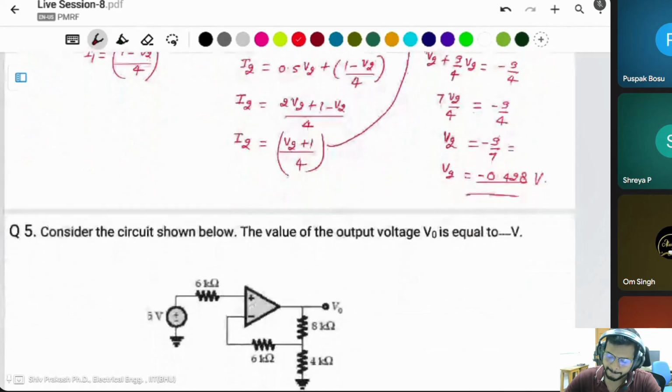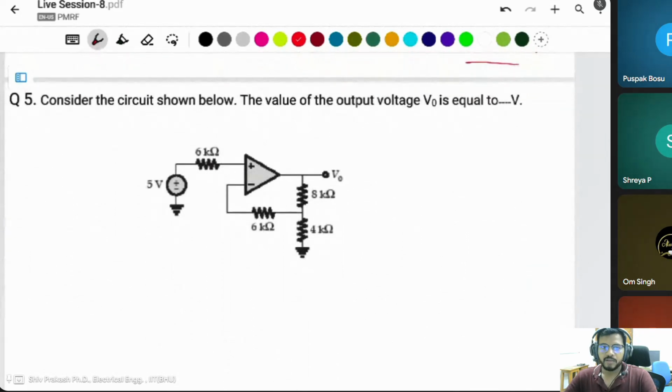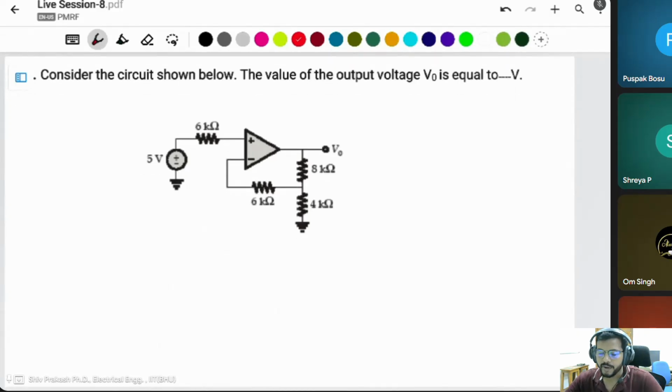Okay. Next question is related to the op-amp. The op-amp is simply a voltage controlled device. It looks like that.